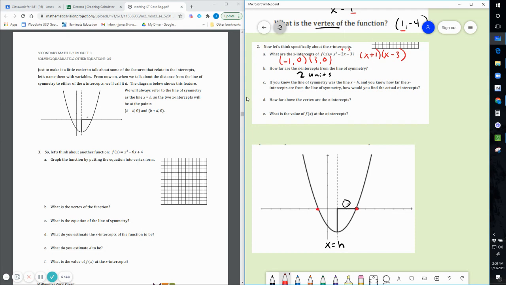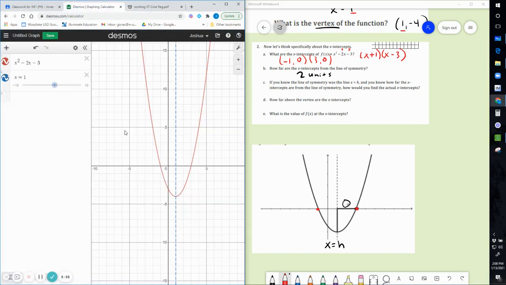Since we know the equation of the axis of symmetry for this graph is x equals 1, I'll write that here in blue. We know these two pieces of information, and you can see on the graph on Desmos. How could you figure out what the x-intercepts are? Go ahead and pause and see if you can figure that out.